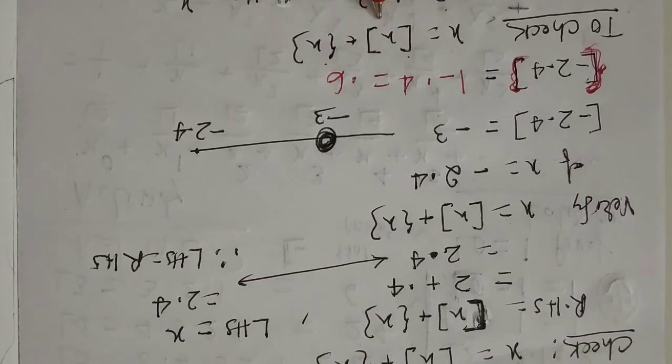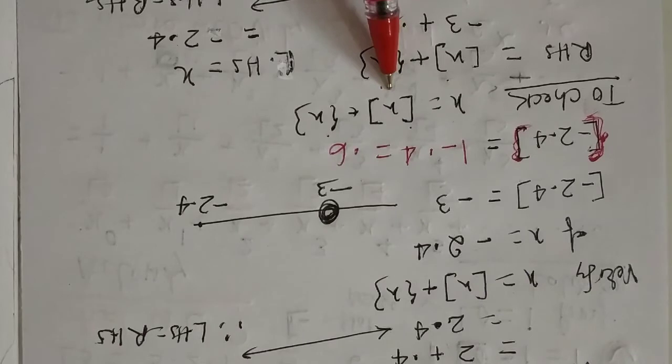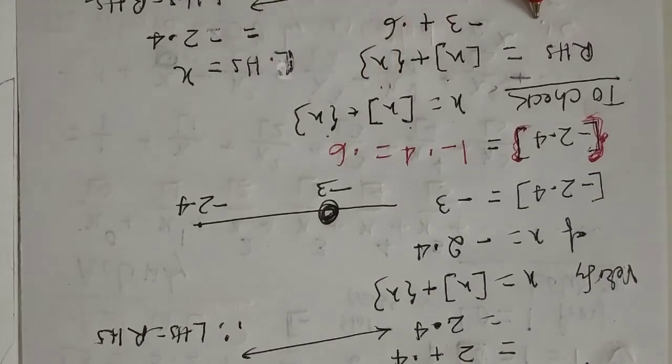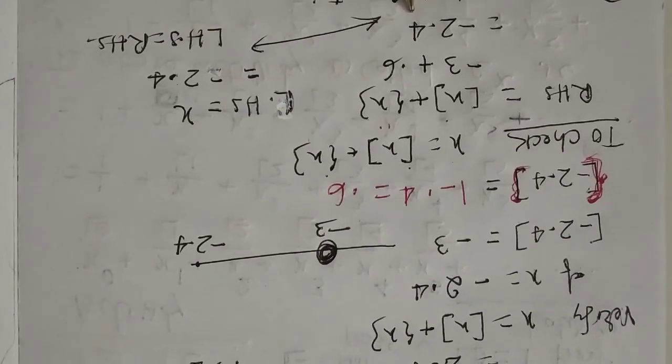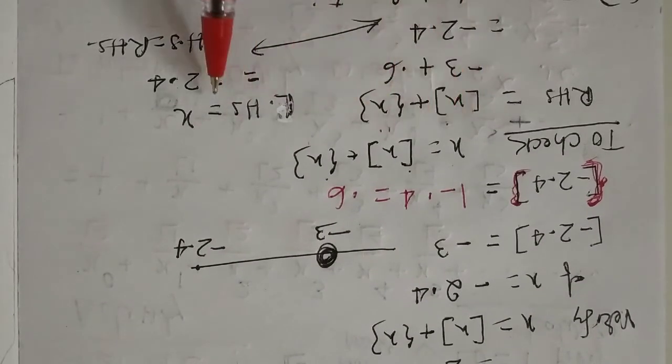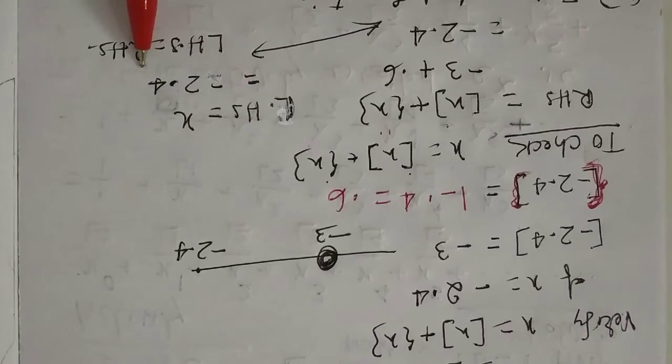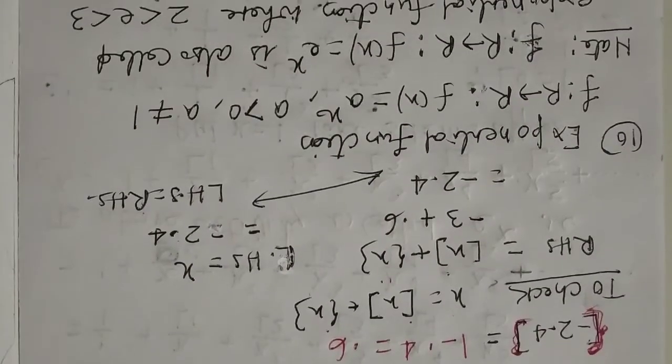Now checking, x is equal to greatest integer x plus fractional part x. On the RHS, the greatest integer is minus 3 and the fractional part is 0.6, so this is minus 2.4, and the RHS is exactly x, which is minus 2.4, so LHS is equal to RHS.